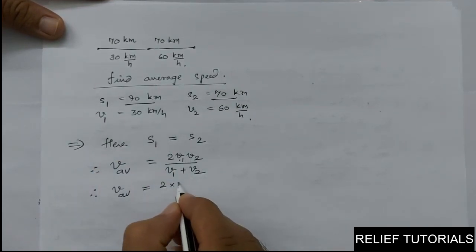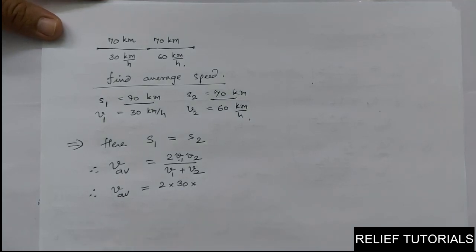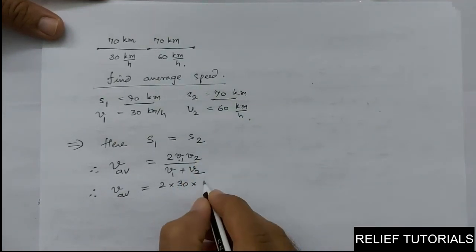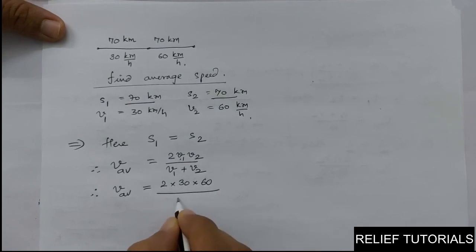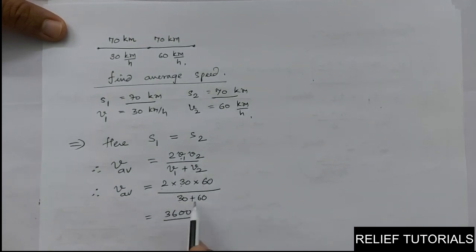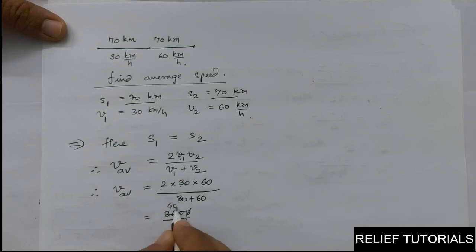V1 is 30. So 2 into 30 into V2 is 60 upon 30 plus 60. Here all are in multiplication. So 6 3s are 18, 18 2s are 36 and 2 zeros. So 3600 upon 30 plus 60, 90. So 0, 0 cancel. 9 4s are 36. So answer is 40 km per hour.